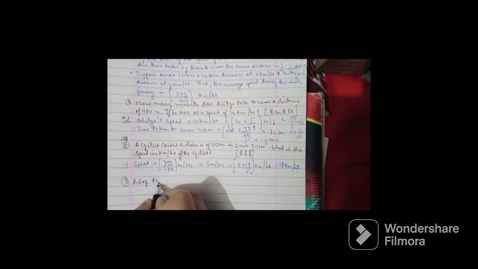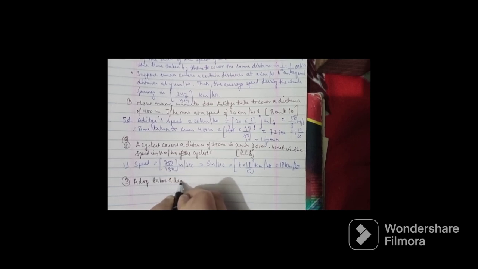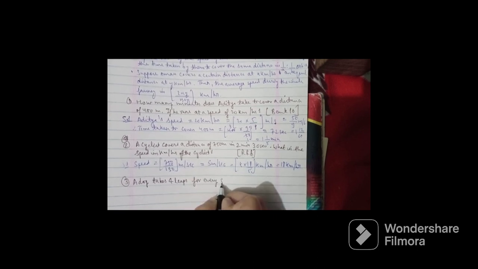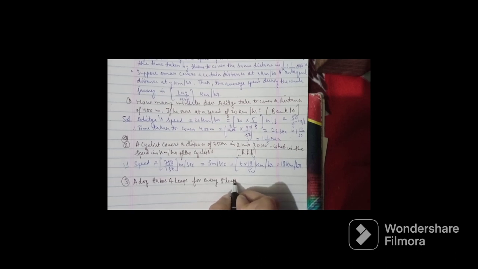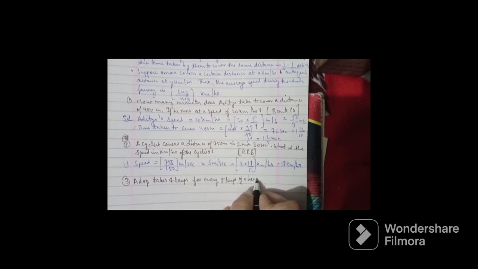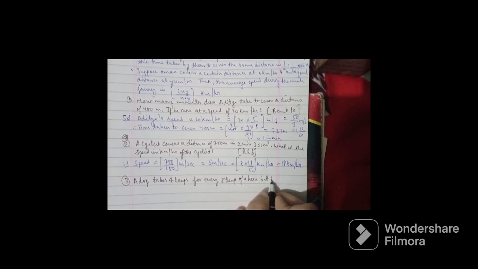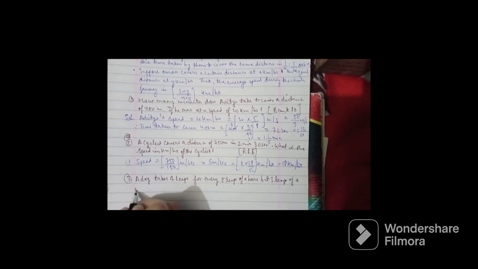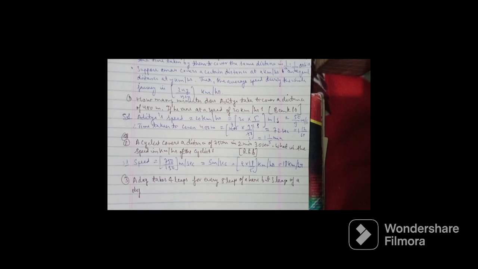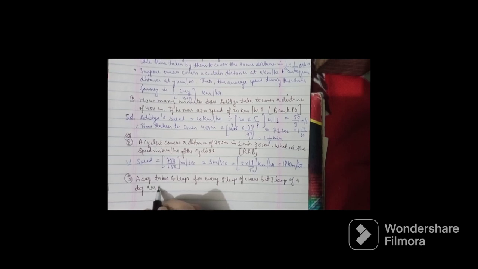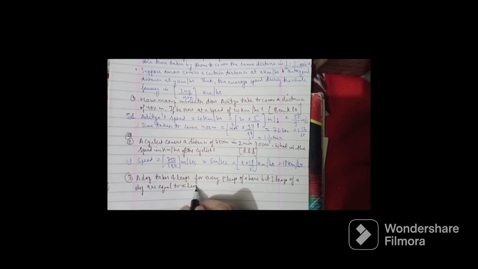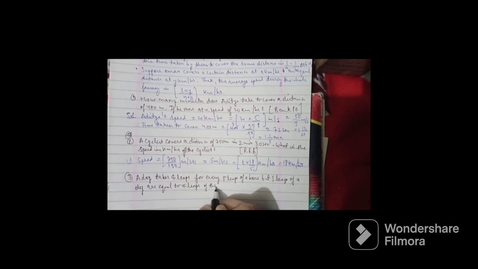A dog takes 4 leaps for every 5 leaps of a hare, but 3 leaps of a dog are equal to 4 leaps of the hare.